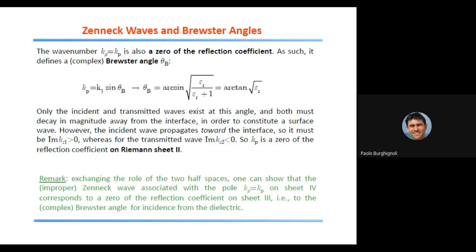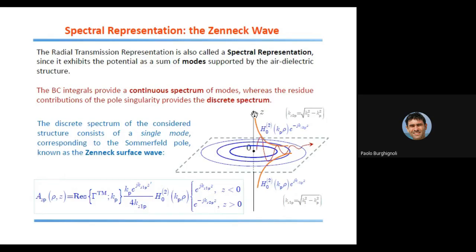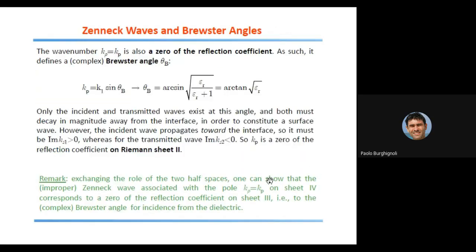Note that at this angle we only have the incident and transmitted waves, because there is no reflected wave, as the reflection coefficient is equal to 0. And since both those waves must decay in magnitude, as you can see here in this plot, away from the interface, because they need to constitute a surface wave, note, however, that the incident wave propagates toward the interface. So this wave must increase in the direction of propagation.